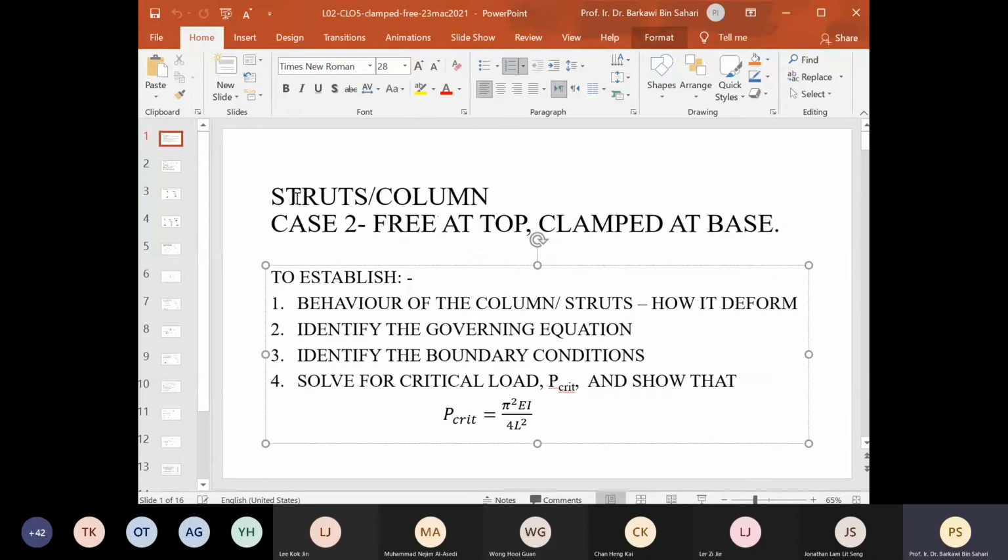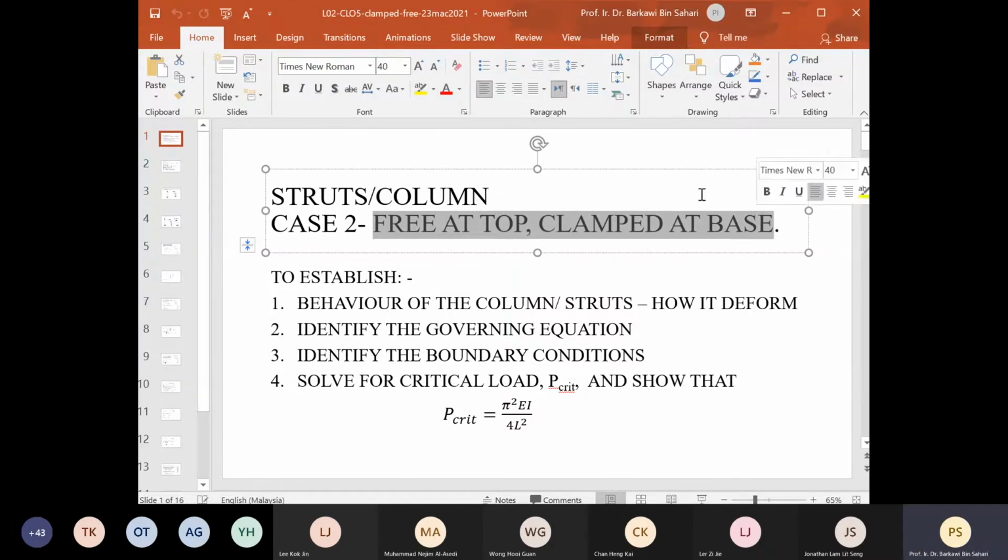Now case number 2 is free at one end and clamped at the other end. That's the general description, but in most cases, if it is an upright column, then one end will be at the top and the other at the base.